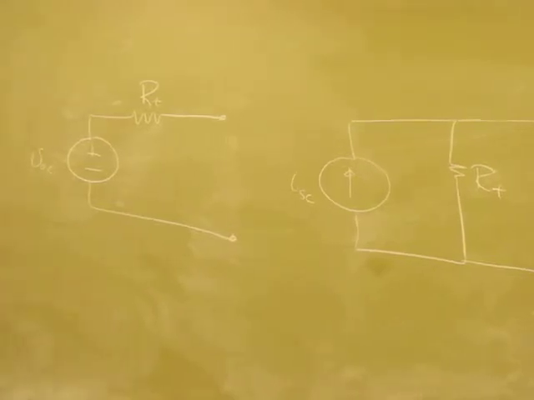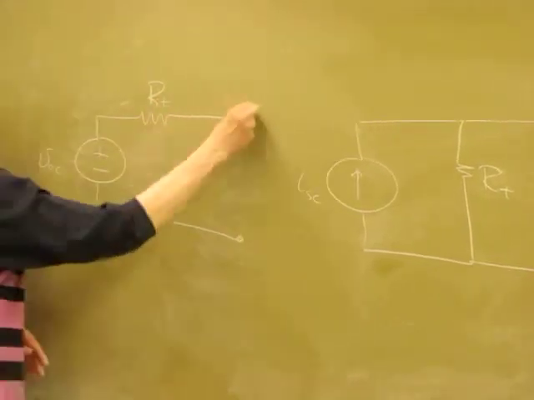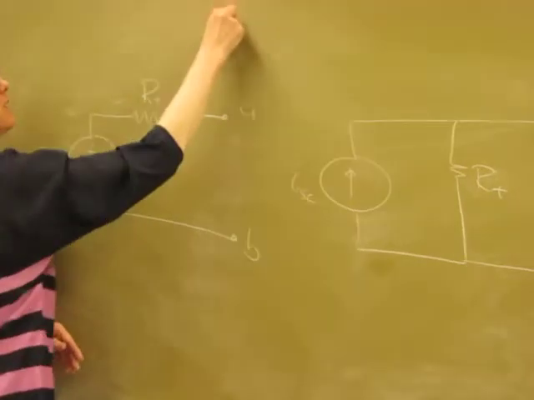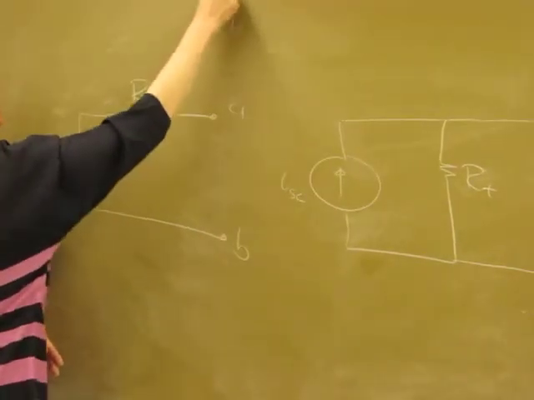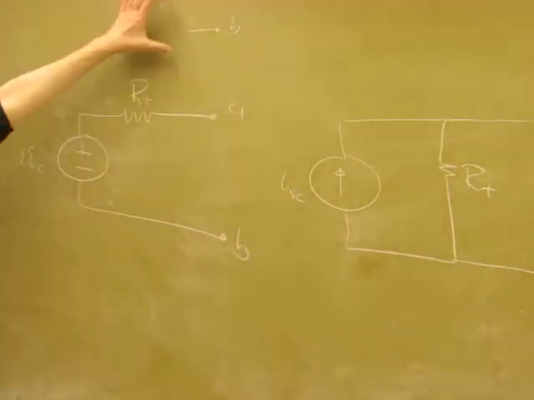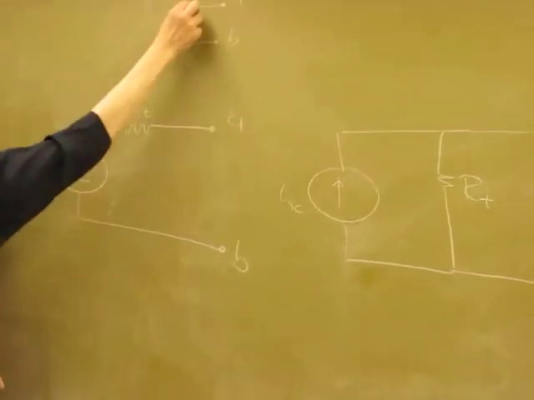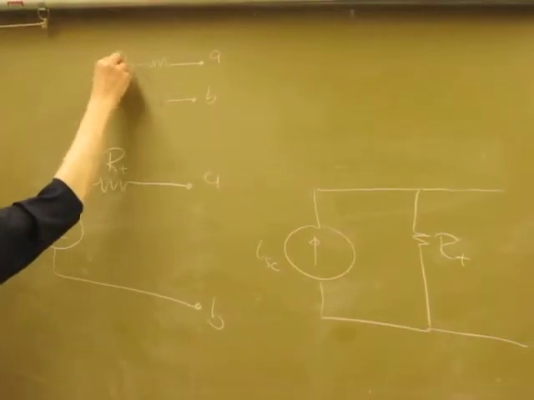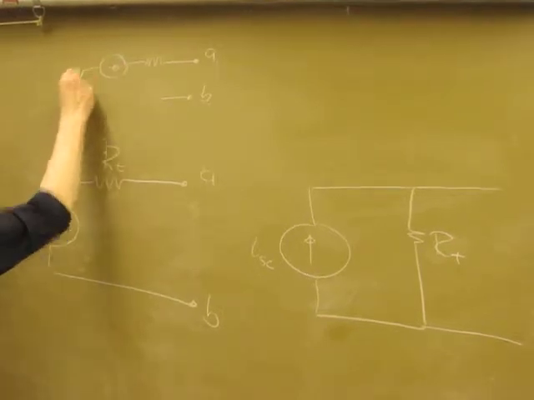What Thevenin's theorem says is that, I'm going to label these terminals A and B. If you have a network that has two terminals coming out of it, A and B, the network could be anything.